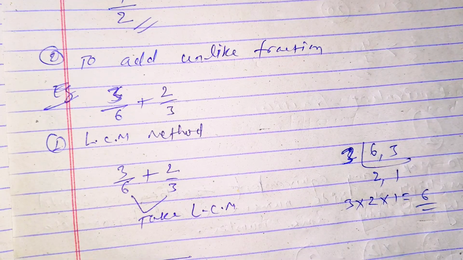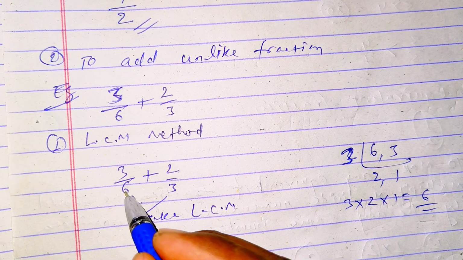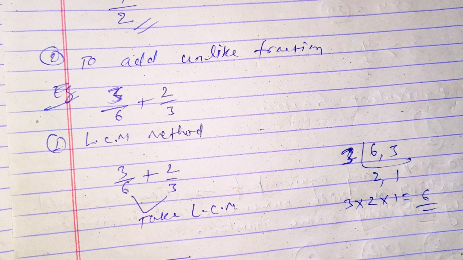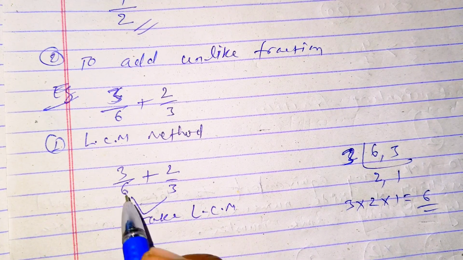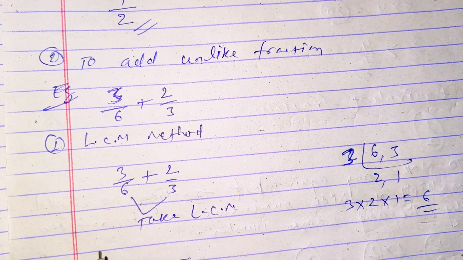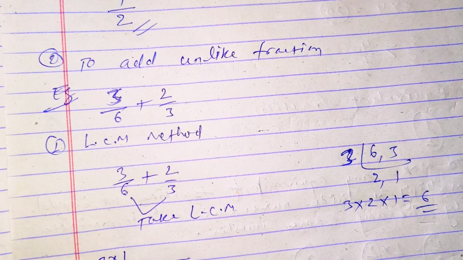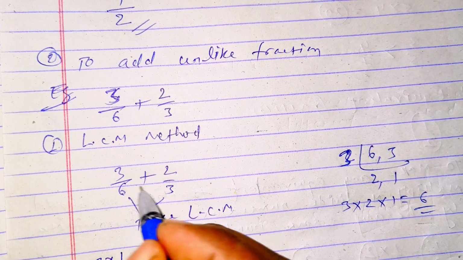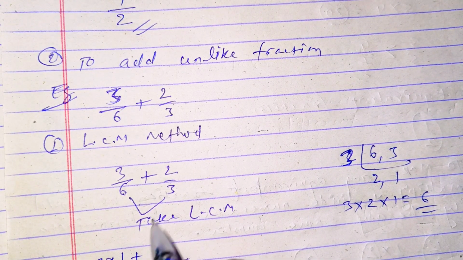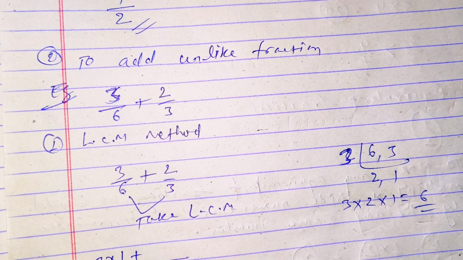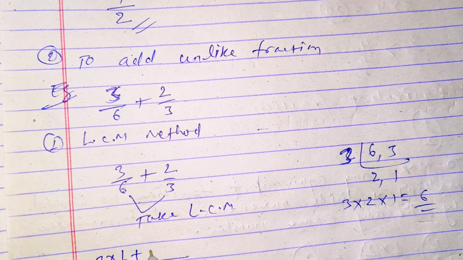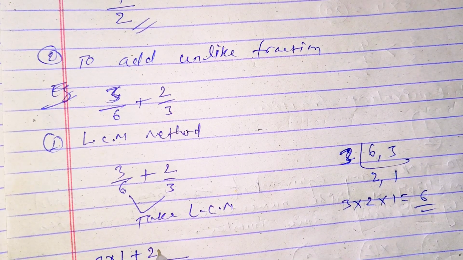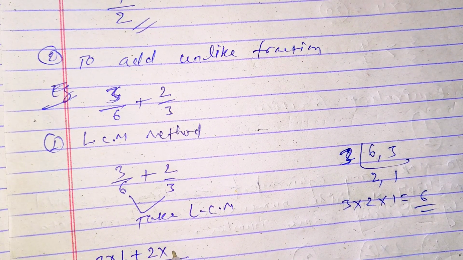First take the LCM, that is 6, and divide each denominator into this LCM and multiply by the numerator. So 6 divided by 6 is 1, that is 3 into 1. The sign is plus, and 6 divided by 3 is 2, so 2 into 2.